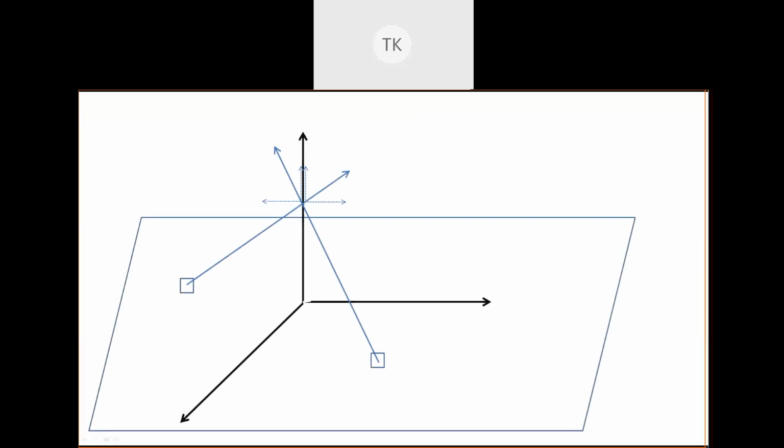Okay, so consider this is the xy plane. This is x, this is y, this is z. X, y, z axes, and this is the infinite sheet of charge, which is the surface charge distribution rho s.